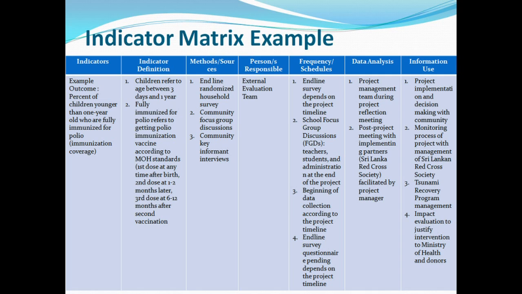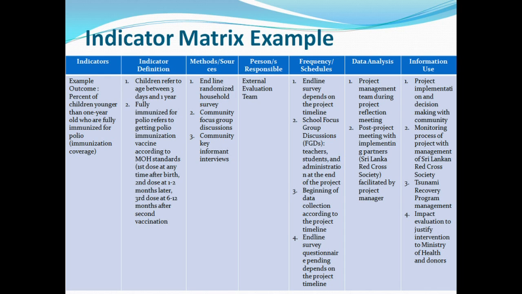Now, the persons responsible. As you can see here, persons responsible, I think I skipped that column. This column will list the people responsible for the data collection and analysis. Whatever people are going to be involved, that can be the community volunteers, the field staff, the project managers, or any other local partners and external consultants.